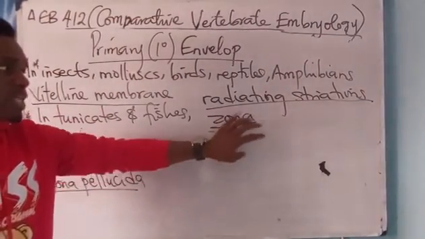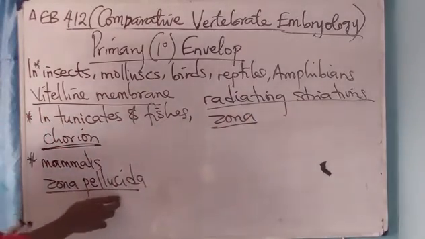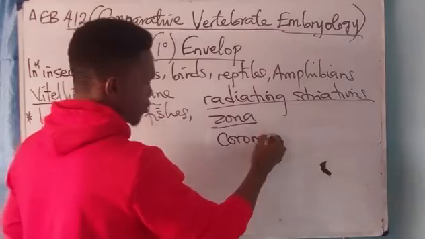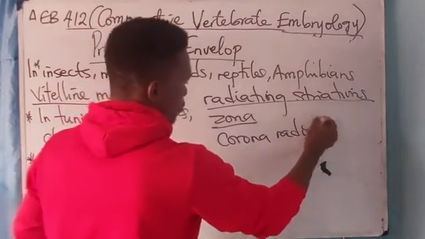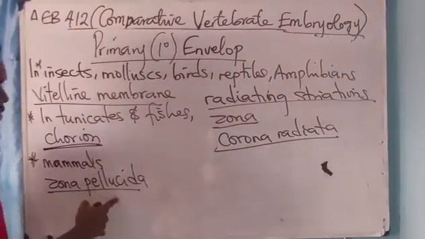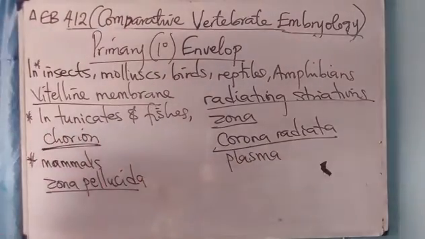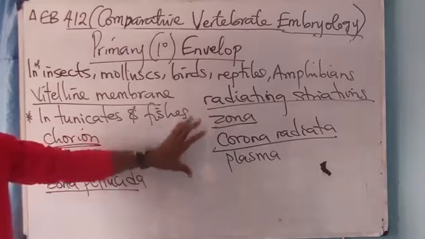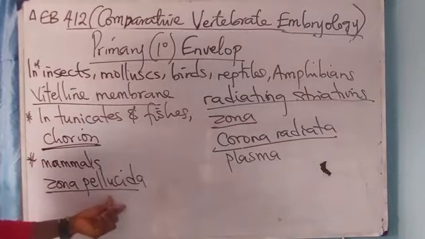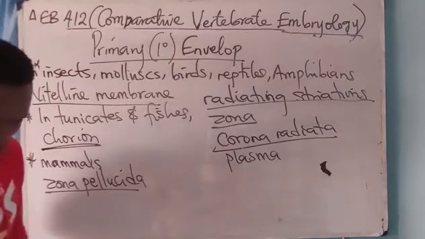This egg carries with it on the surface of the zona pellucida what is called the corona radiata. Which means that corona radiata, zona pellucida, and plasma membrane are found in the mammalian egg. This is only peculiar to what? Mammals. They are found only in mammals.